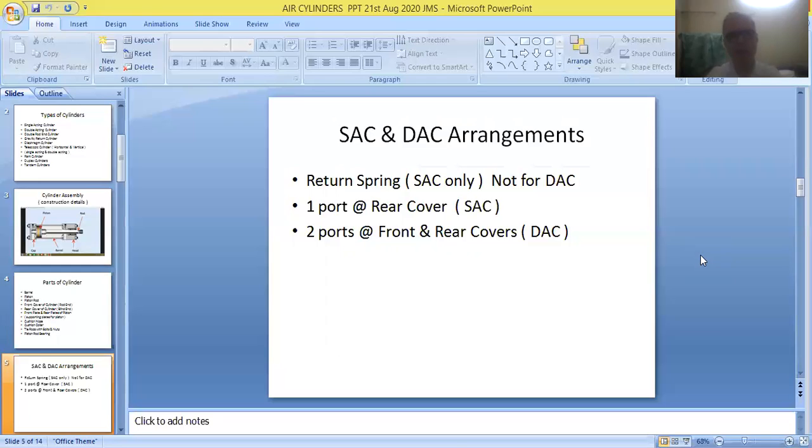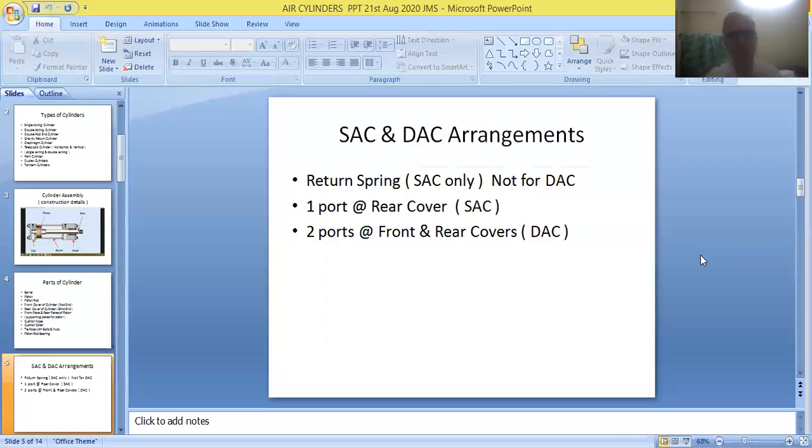And as I've already told you, in the case of a single acting cylinder, a return spring has to be used only for a single acting cylinder. It is not required for a double acting cylinder. Again, one port is made for a single acting cylinder at the rear cover, and in the case of a double acting cylinder, two ports are essential.